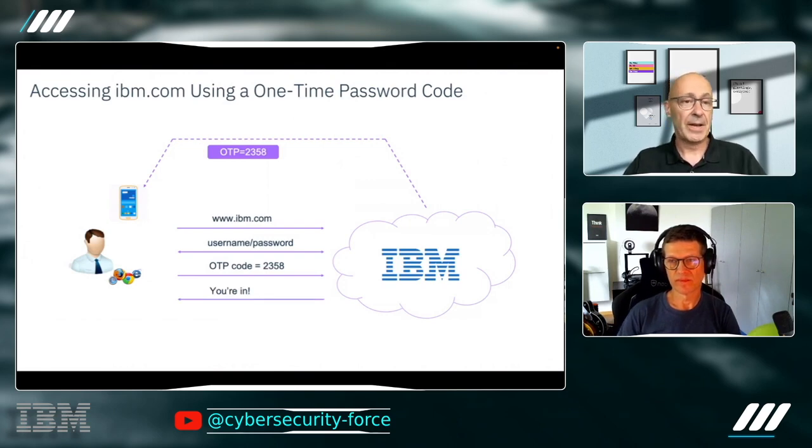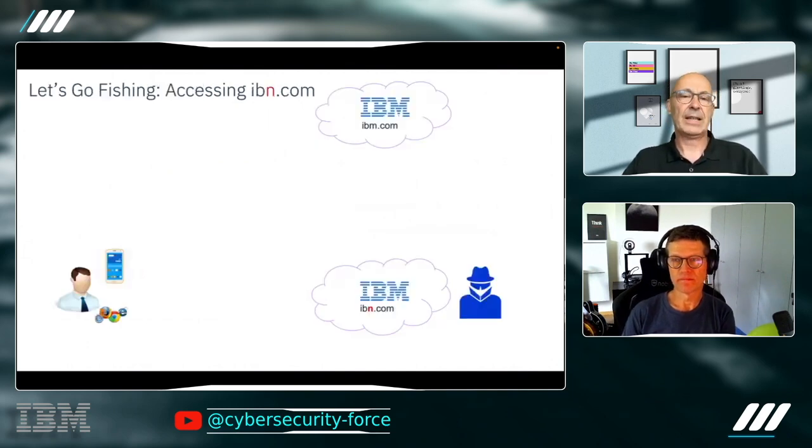There's no phishing here. But what happens if that same person is tricked, is phished? And that's what's happening here. So there's the man in the middle on the right here, the hacker, and he has set up a site which looks a lot like the site of IBM, but it's IBN this time.